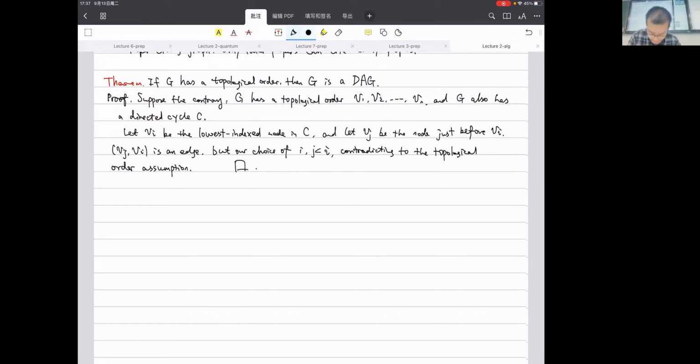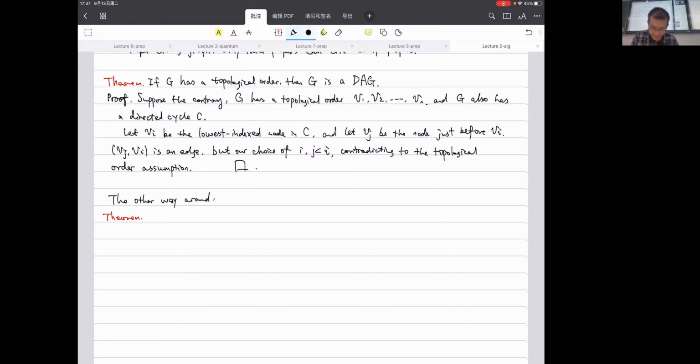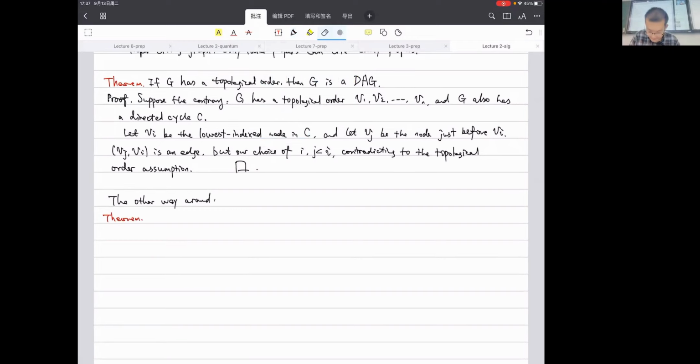Of course, we want to consider the other way around. And actually, this is also correct. But to do this, this proof does not work so directly. We want to prove something in the middle. Maybe let me not write a theorem here.